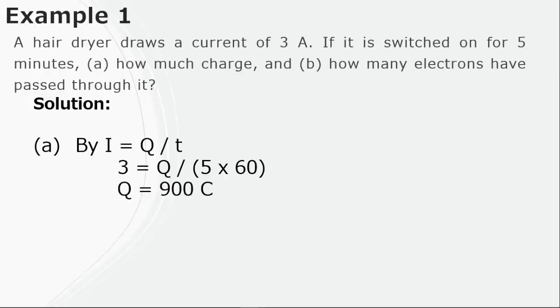In this case, we multiply the time taken to the electric current. So we have here 300 seconds multiplied to the electric current, which is 3 amperes. So we came up with 900 coulombs as the amount of charge passed through the circuit.